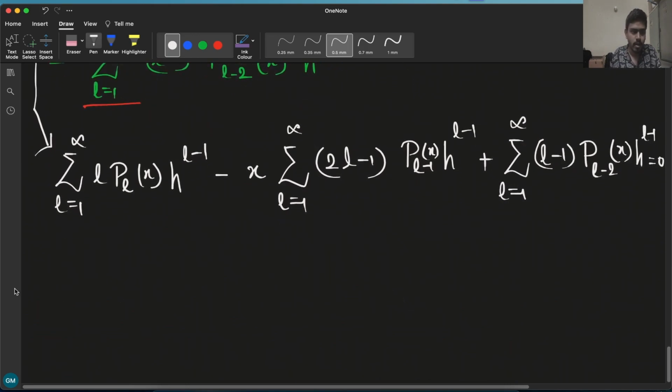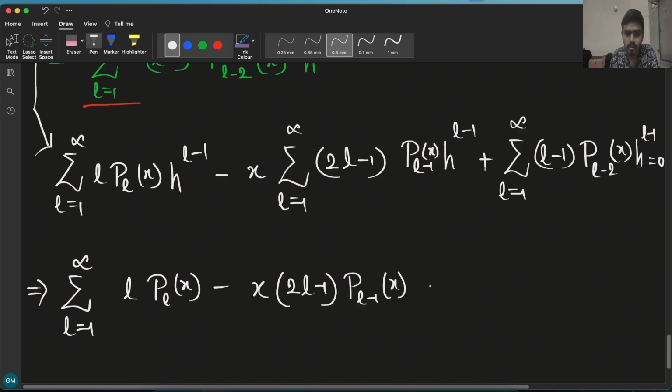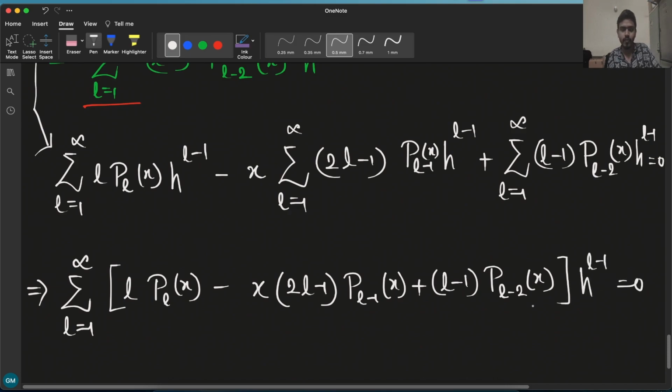Now what I will do is put all of them together, that is, the sum over L equals 1 to infinity of [L P_L(x) minus, taking this h to the power L minus 1 common, x times (2L minus 1) P_{L-1}(x) plus (L minus 1) P_{L-2}(x)] times h to the power L minus 1 equals 0.